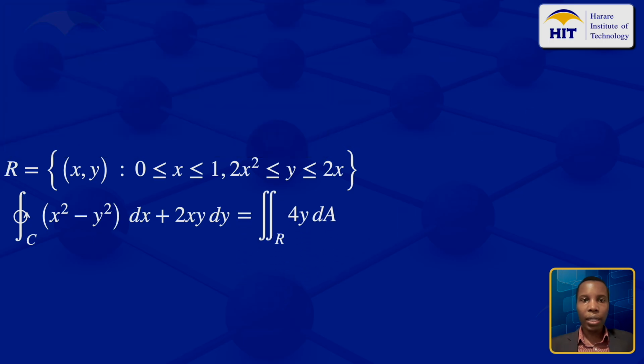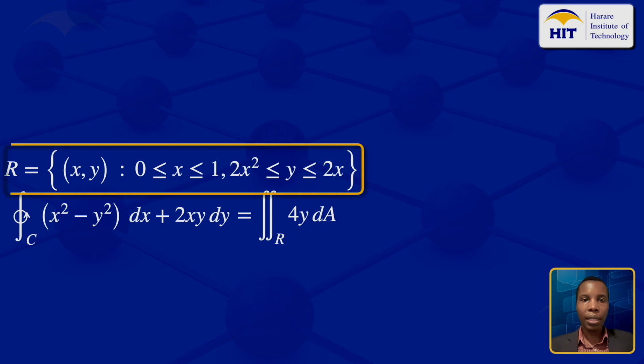But for us to clearly see our limits, sometimes it's better to sketch the region that we are talking about. So the region that we have is this region here. I can plot our x-axis here and put a 0, then put the 1, since our x is varying from 0 to 1.